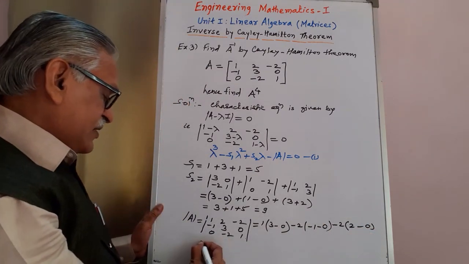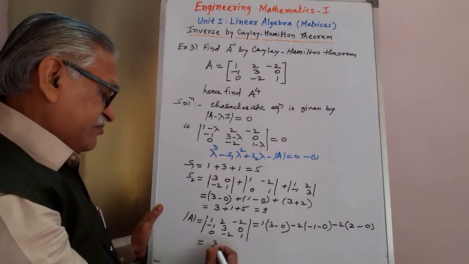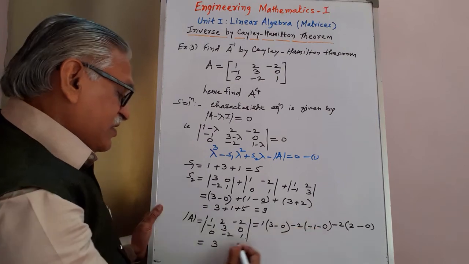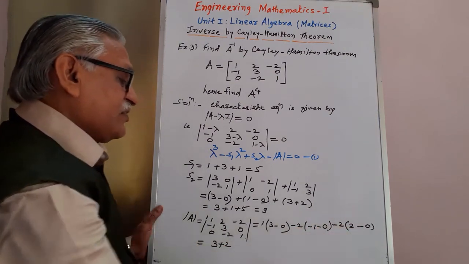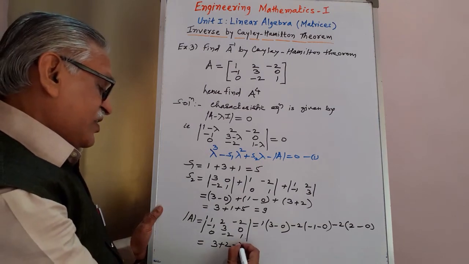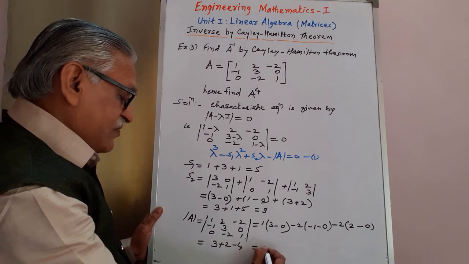And if we simplify it, 3 into 1 we get 3, minus 1 into minus 2 we get plus 2, and minus 2 into 2 we get that product as minus 4. 5 minus 4, we get that value as 1.